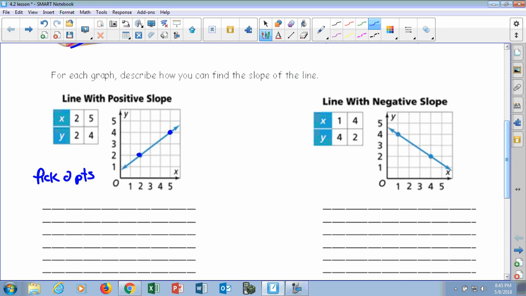which obviously are 2 points on the line, and you want to find the change of your y values and put it over the change in the x values.